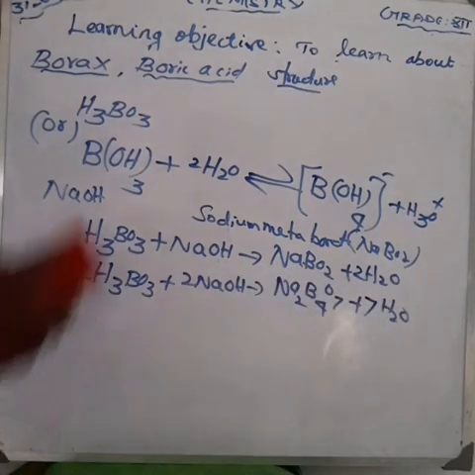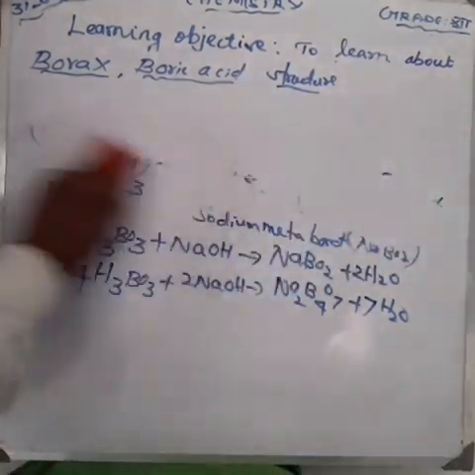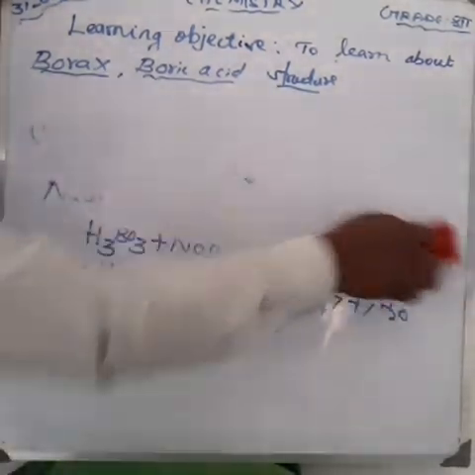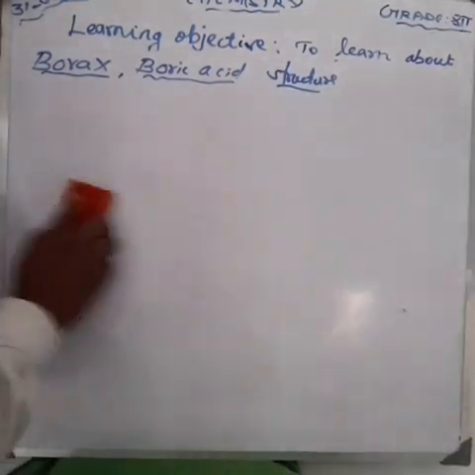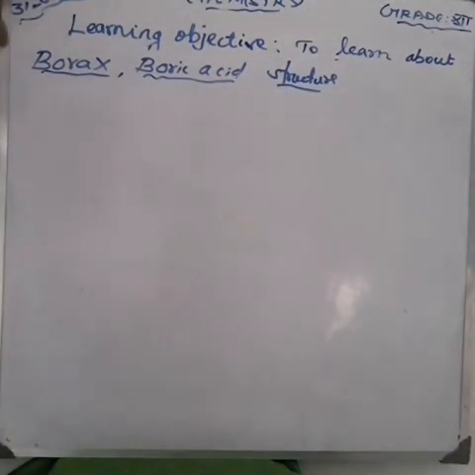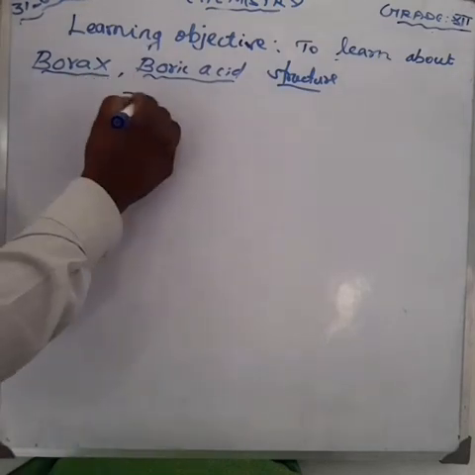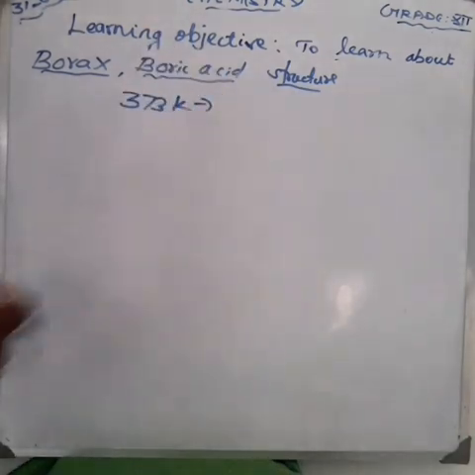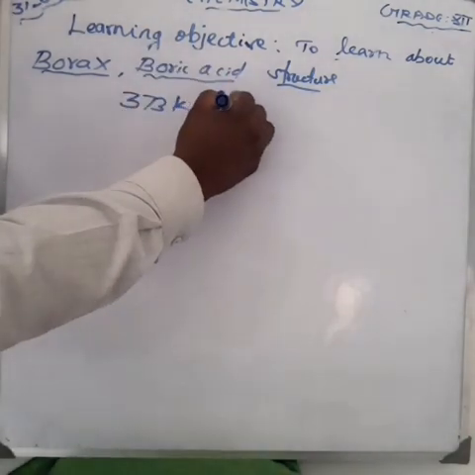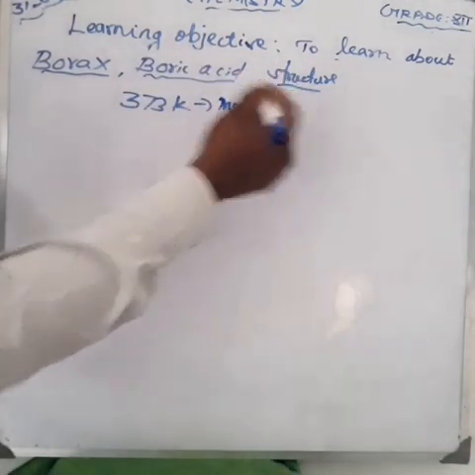Next, the action of heat. Boric acid when heated at 373 Kelvin gives metaboric acid. What is the formula? HBO2. Can you understand, my dear children?